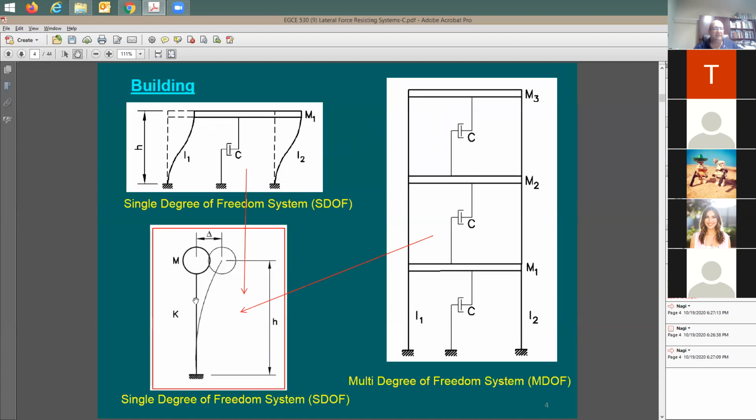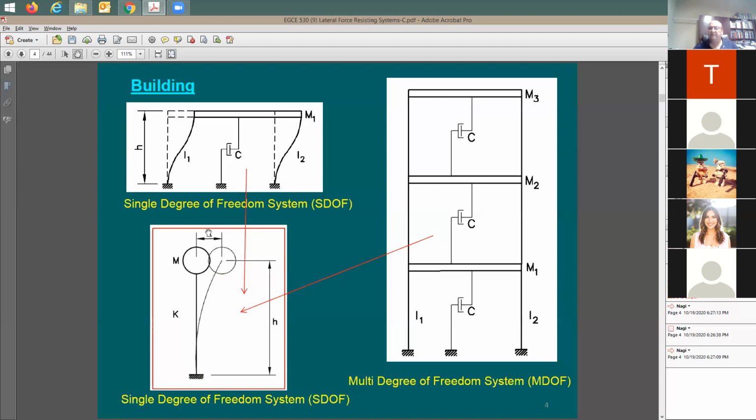And for the stiffness, it's going to be the stiffness of this column. We'd like to see it as just one column. And the lateral stiffness is going to be the amount of force that is able to push this column for a displacement of just one unit.